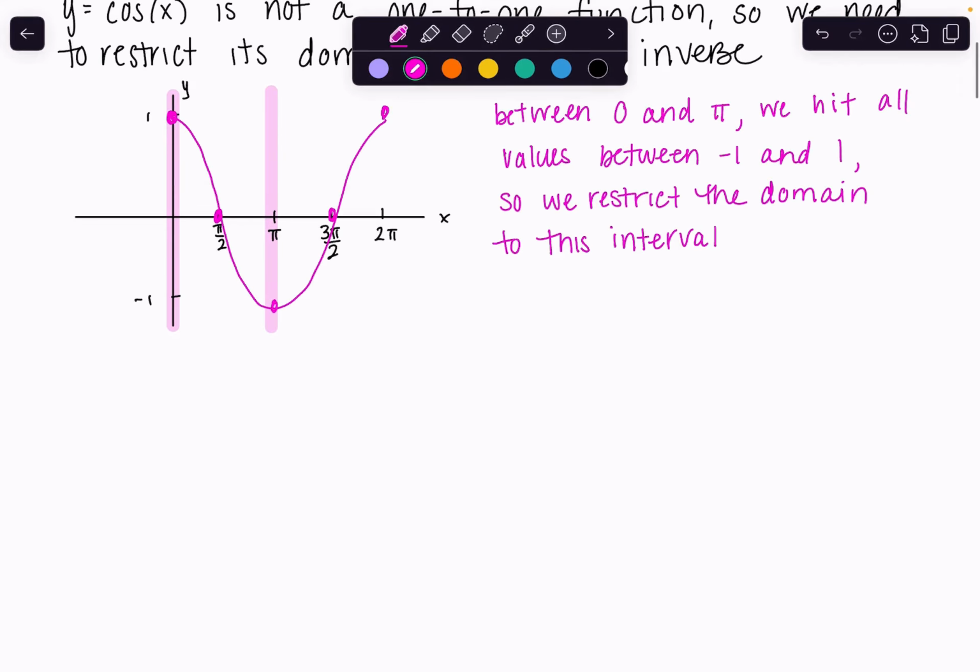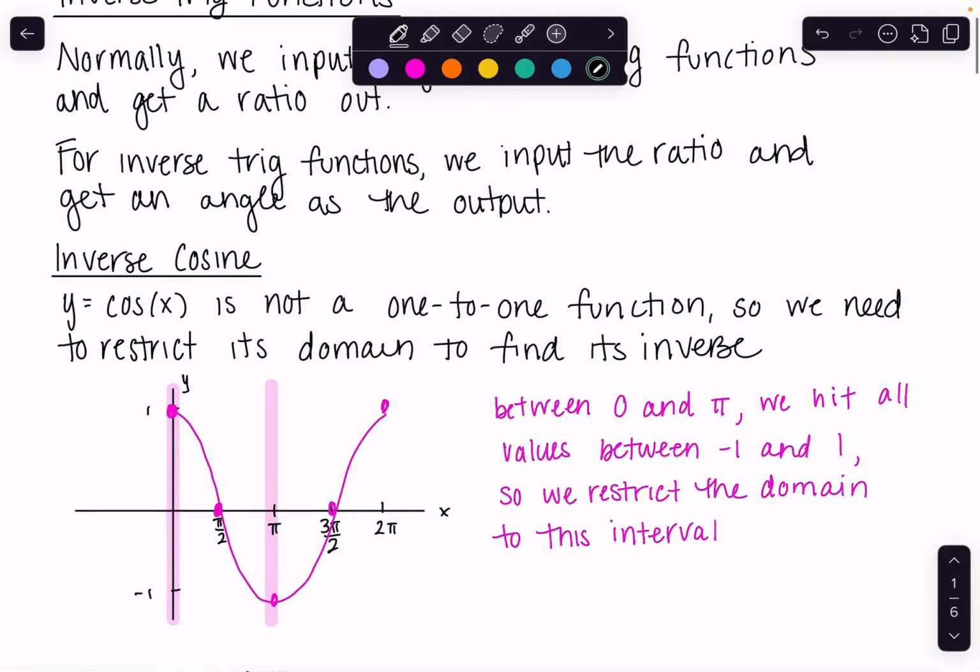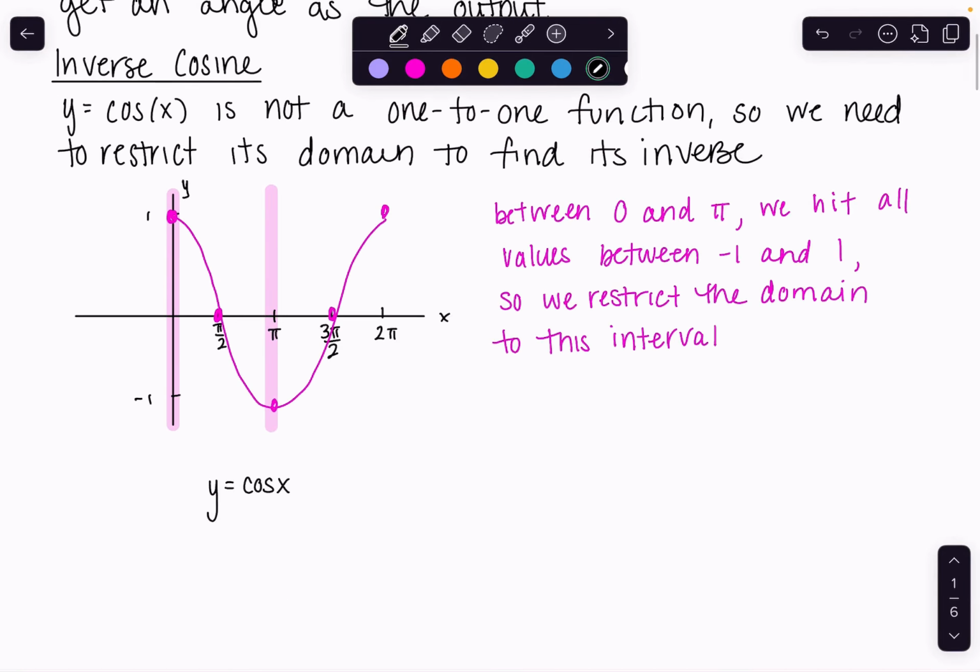So we're going to draw two pictures for this. We're going to look at what the graph of cosine of x looks like, and then we're going to look at that inverse. And remember, normally when we have an inverse, we use that notation with a -1. So when I talk about the inverse function, you can represent this two ways. You can see cosine to the -1 of x to say the inverse of cosine.